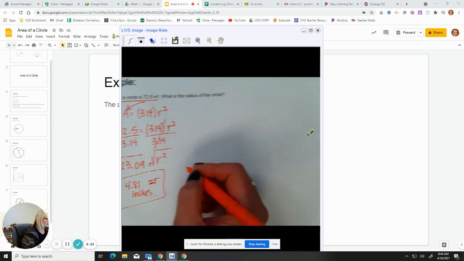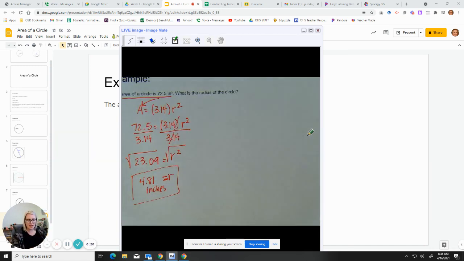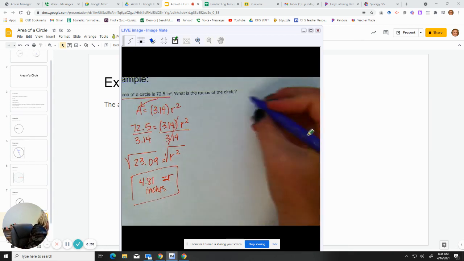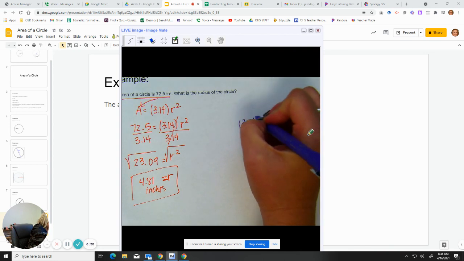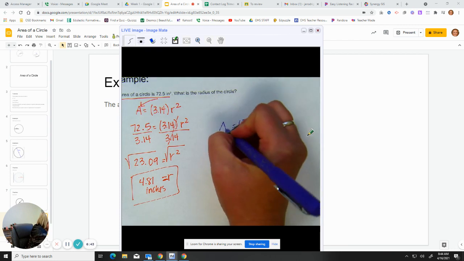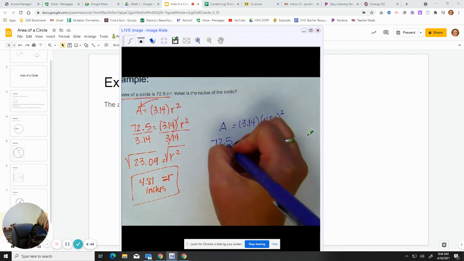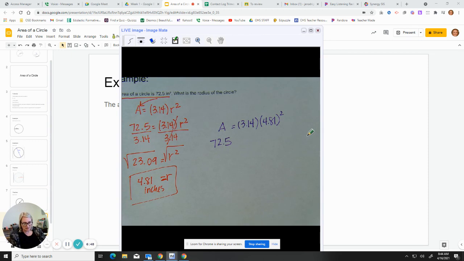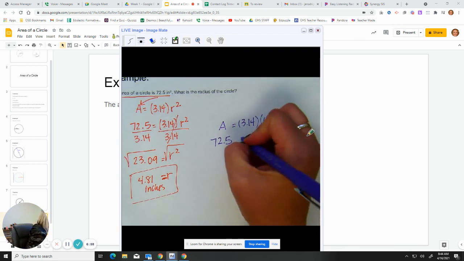If you're wondering how you know that you did this correctly, that's where checking your work comes in. If I want to know if this is really the right answer, I am just going to work backwards, plugging this in for r and making sure that I get 72.5. So I'm going to say 3.14 times 4.81 squared, and it is 72.6.